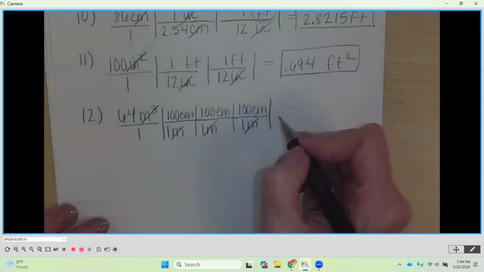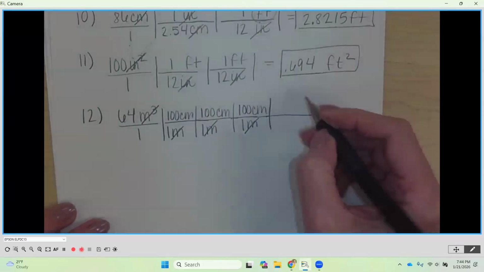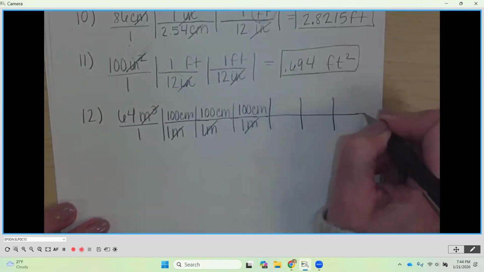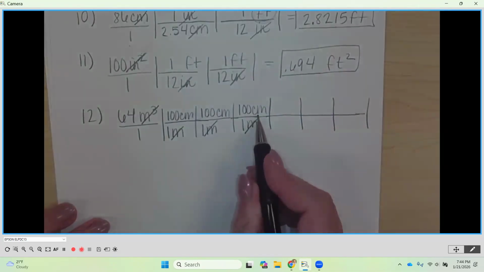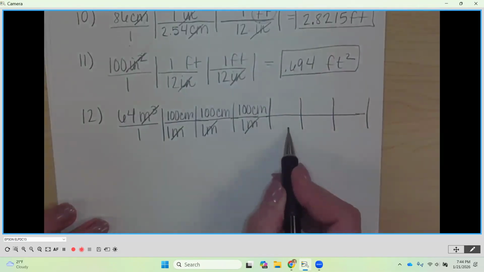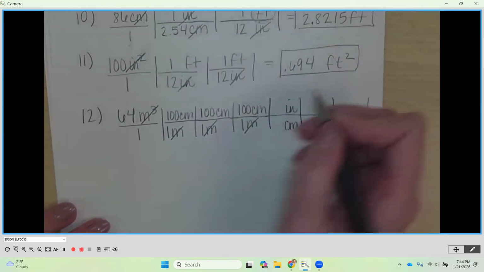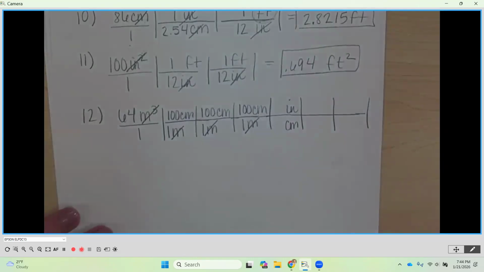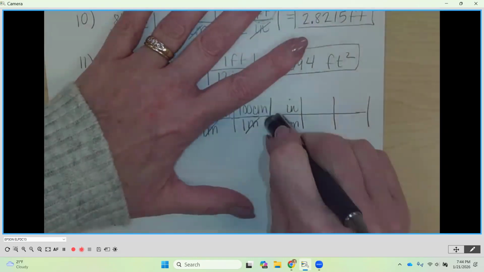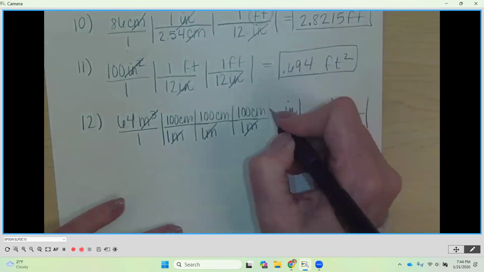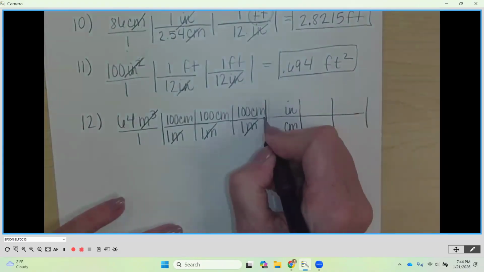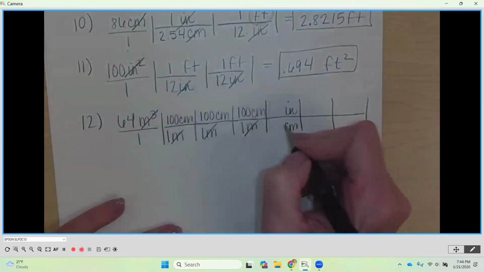I want to get to cubic inches. Now I'm going to do this 3 more times, right? And this time my centimeters are going to go on the bottom, okay? Centimeters down here and inches on top. What's the number I'm going to put down on the bottom in the centimeters section? 2.54, exactly.